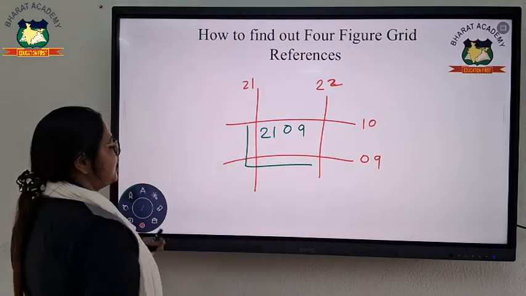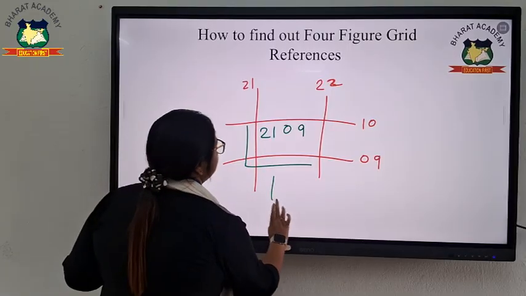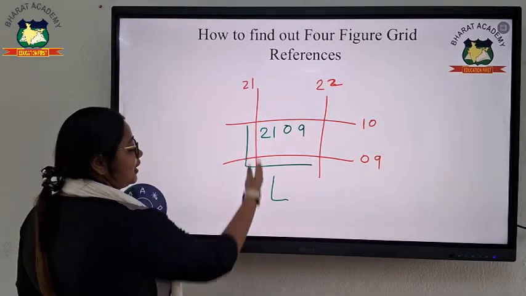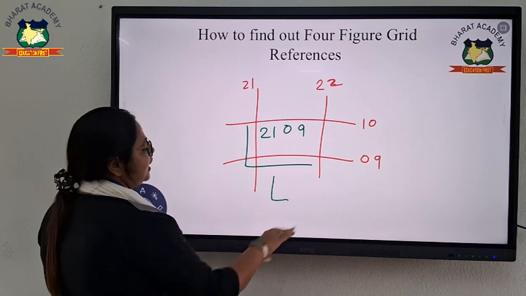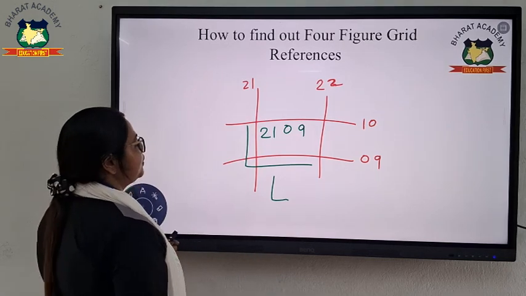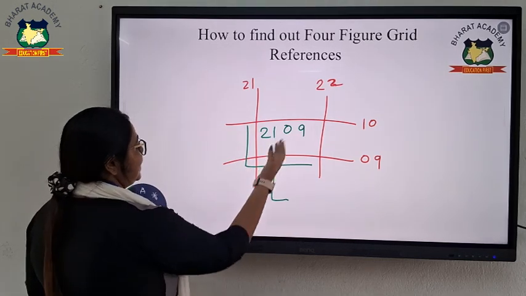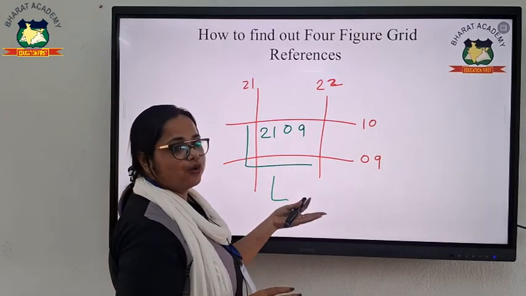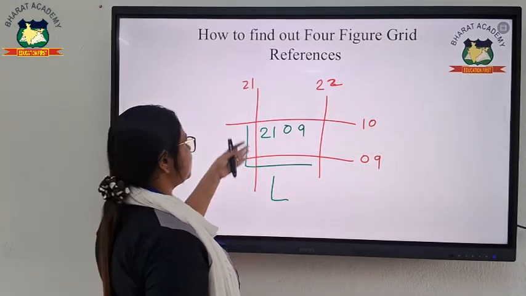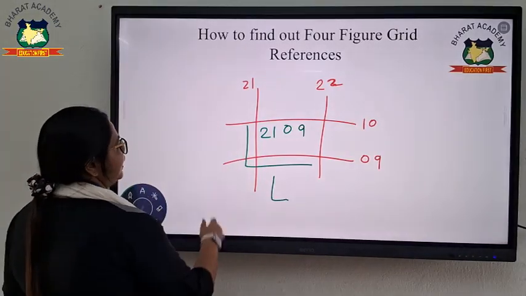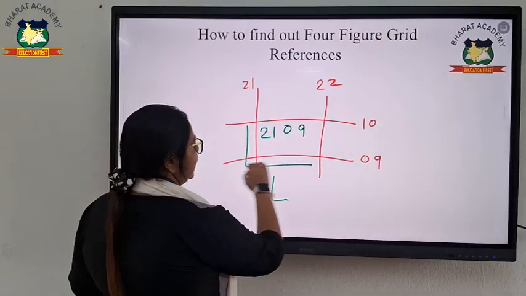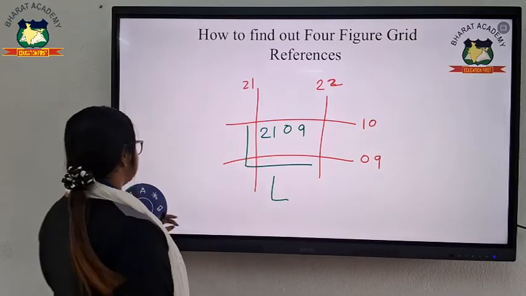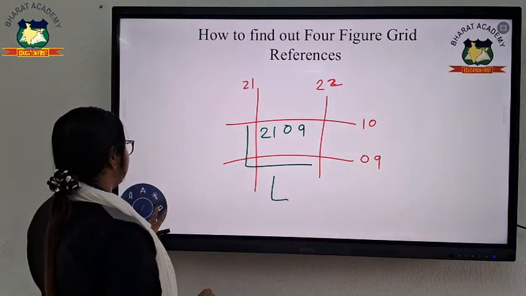Everyone knows how to write L. First we draw the left vertical line and then the line at the bottom. Now we won't be confused about which value to write first. We write 21 first, that is the left line, and 09 at the end, that is the bottom line. So it's very easy to calculate.